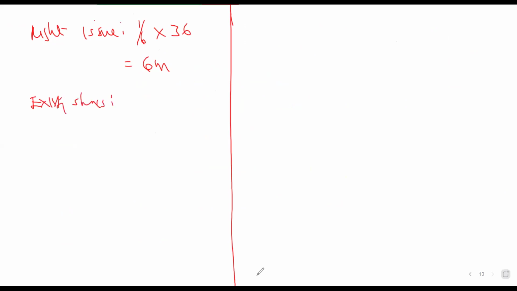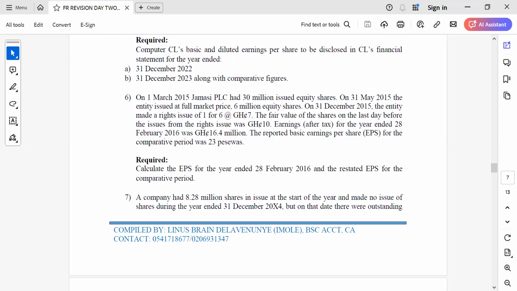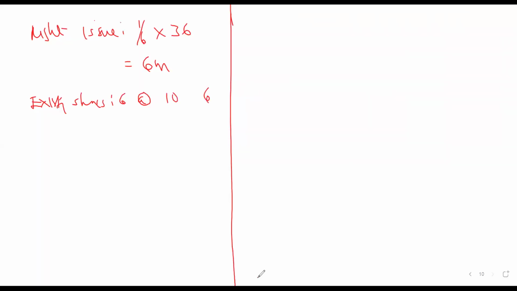We have the existing shares, we are bringing 6, and this is valued at what? The question has given you the value. They say the value of the shares on the last day before the right issue was 10 cedis. So this will be at 10 cedi, and this will be 60.